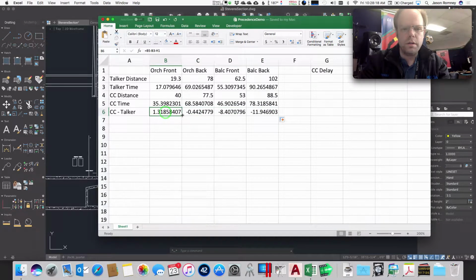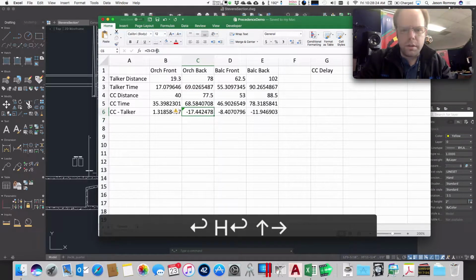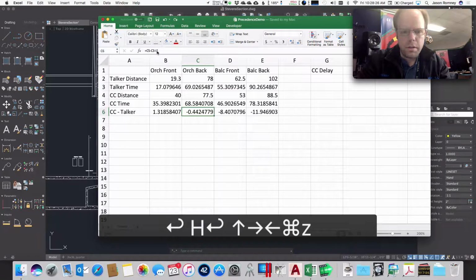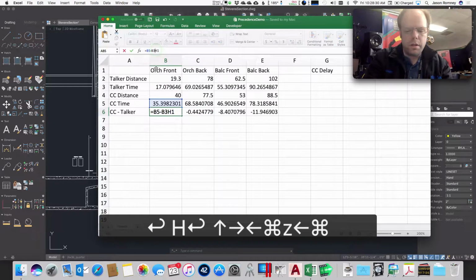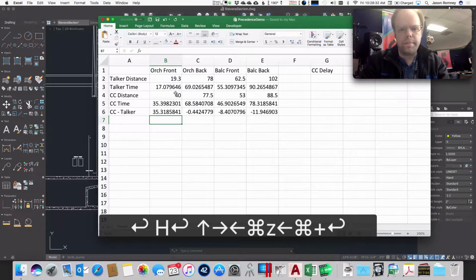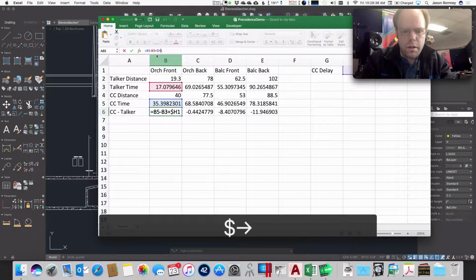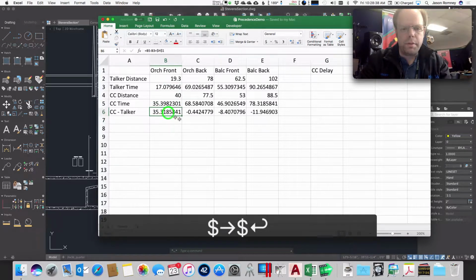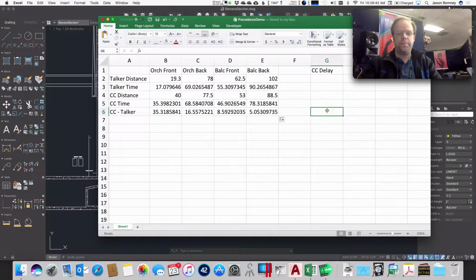Oh wait, did I do that the wrong way? Yeah, I did that the wrong way. So I need to add that in. There we go. Now I can copy it over. All right, there we go.